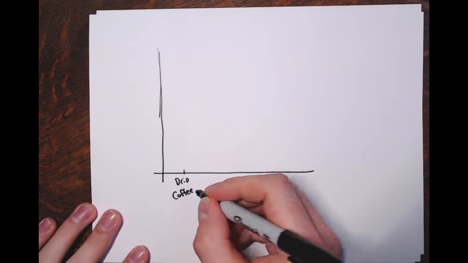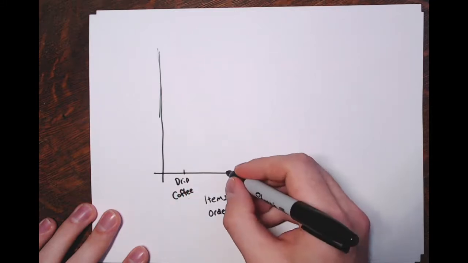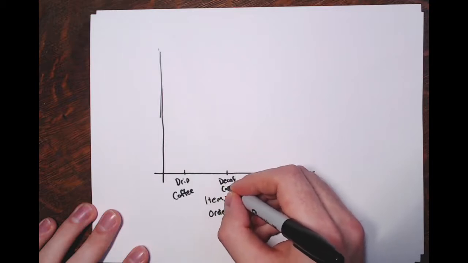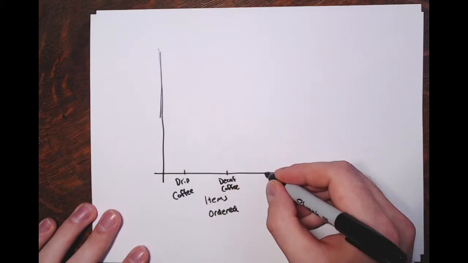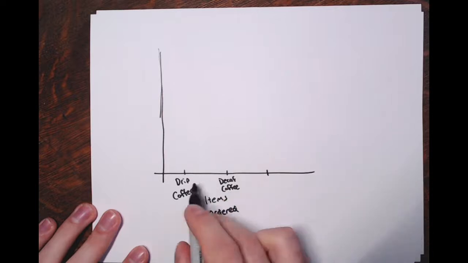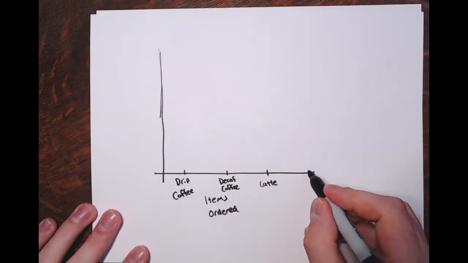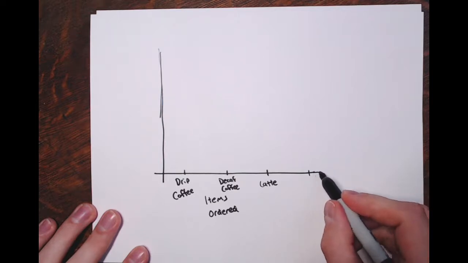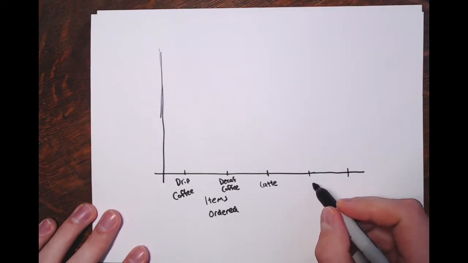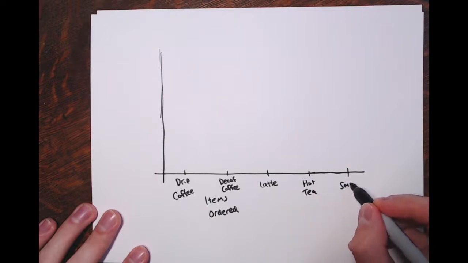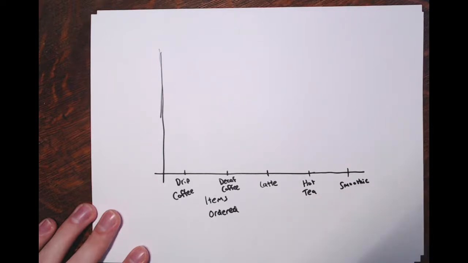I'm not doing the whole thing. Drip coffee was one of them. Then decaf coffee. One more here, and a latte. And I'm trying to make these evenly spaced. There were two more. Hot tea and a smoothie. Might as well just write them all.